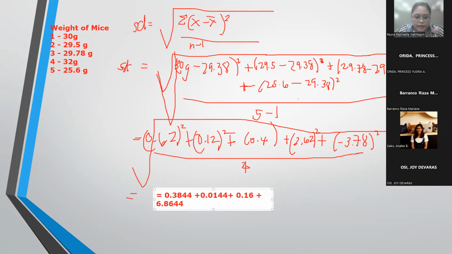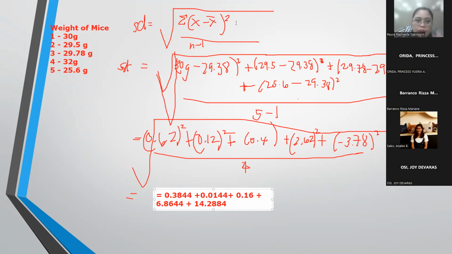And lastly, negative 3.78 squared. There is no negative answer in standard deviation. Tell me if I missed something, because I don't really have my calculator. That is 14.2884.